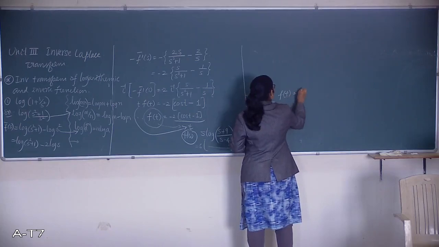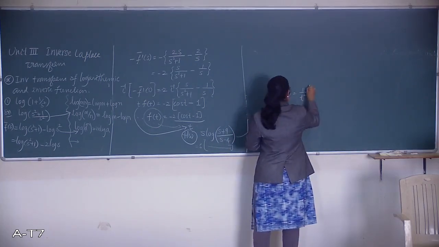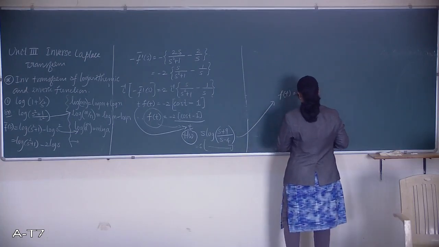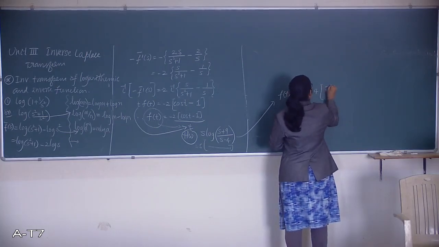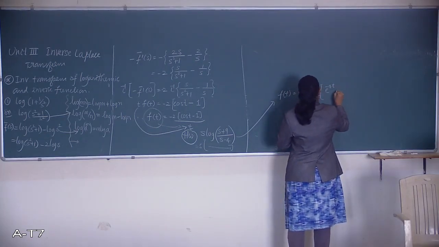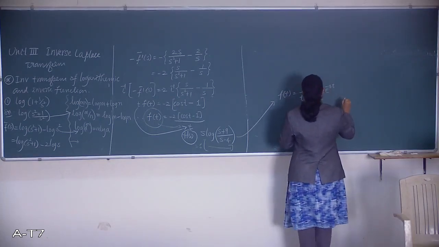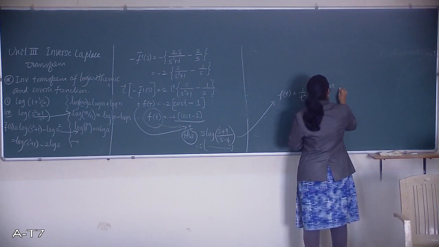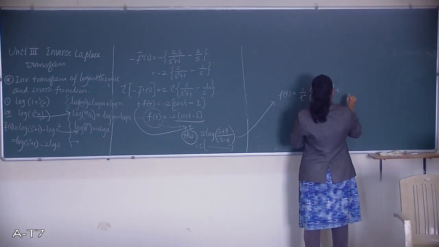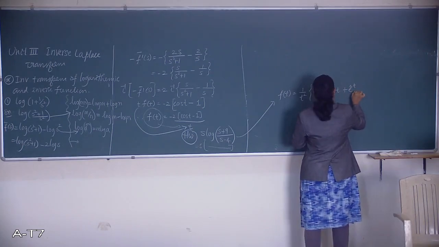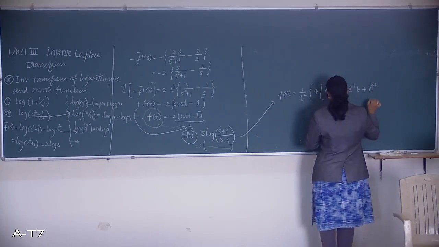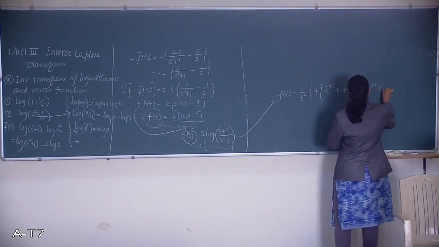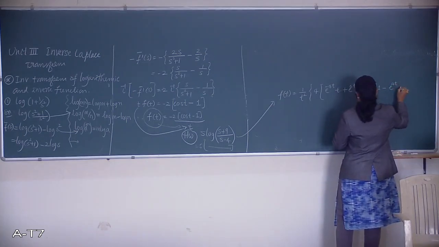f of t is equal to 1 by t square, means what? Twice we are going to differentiate this, 4, then it is e raised to minus 4t, then it is t plus e raised to 4t again t and plus e raised to minus 4t and into 1 minus e raised to 4t and into it is 1.